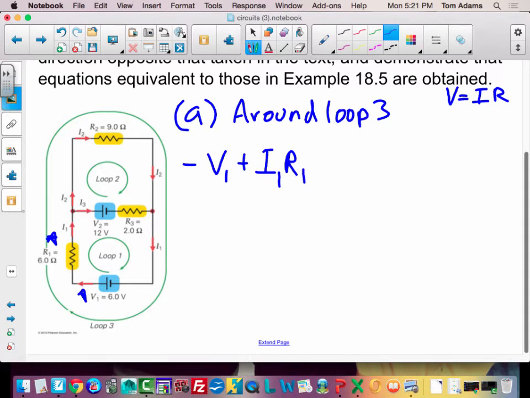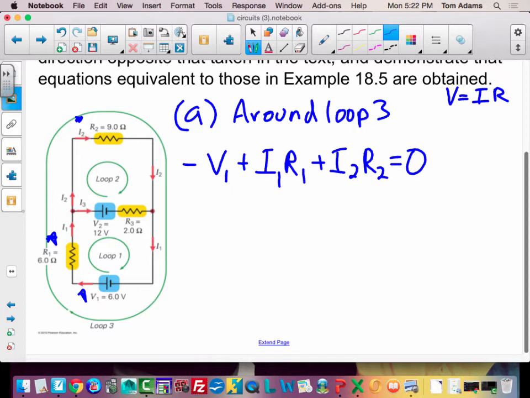And then the next voltage would be right here, which would be plus I sub 2, R sub 2. Actually, let me think. I think that's everything. And so then the sum total of that should be equal to 0, right? Because of Kirchhoff's rule.